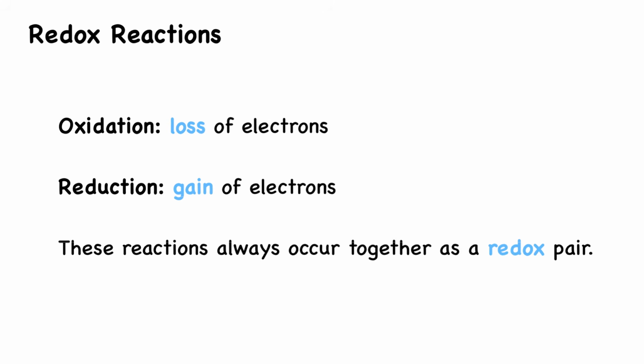A major source of usable energy for cells comes from oxidation reduction, or redox, reactions, which involve the transfer of electrons. Oxidation is the loss of electrons, while reduction is the gain of electrons, and these reactions always occur together as a redox pair.